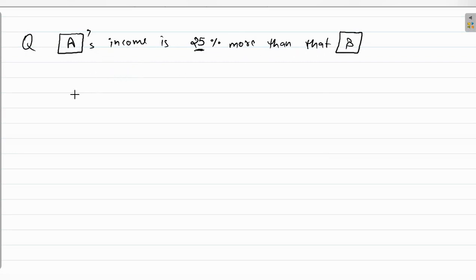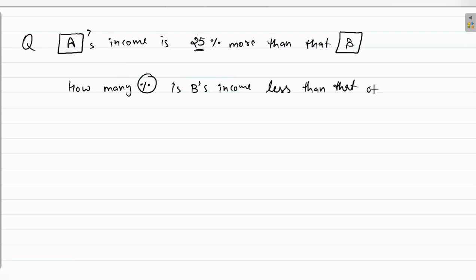So they are asking how many percent B's income is less than that of A. What will you say? How much?